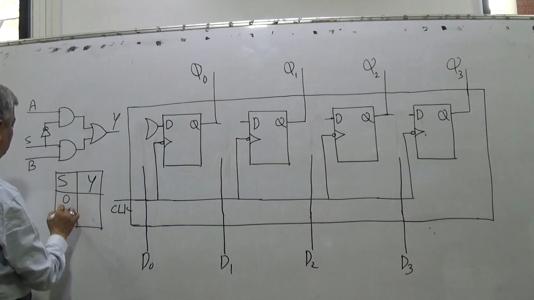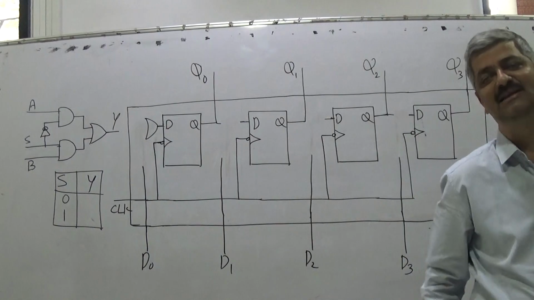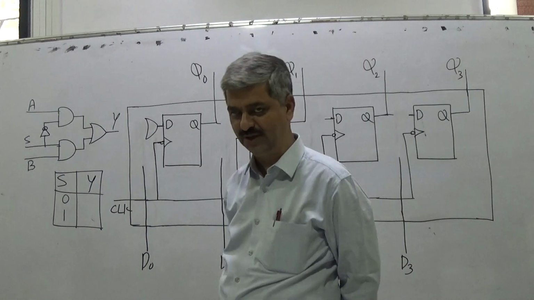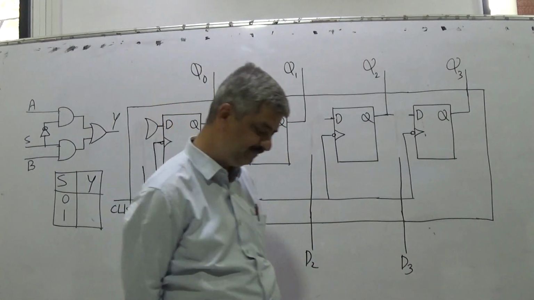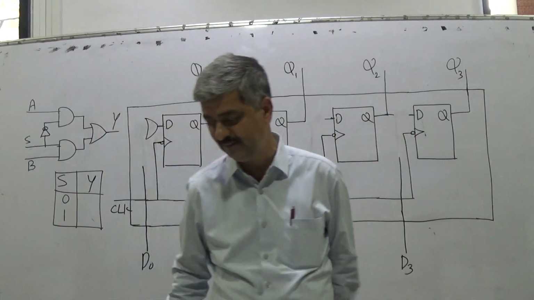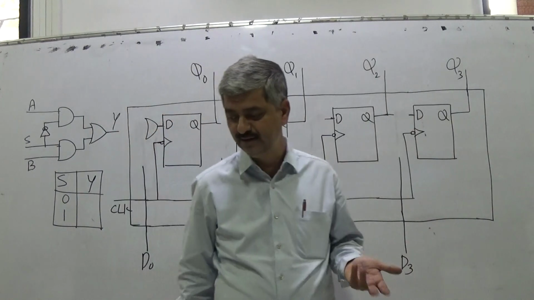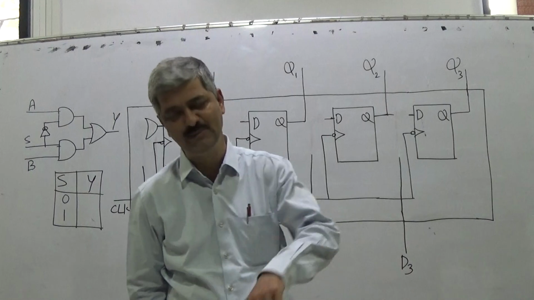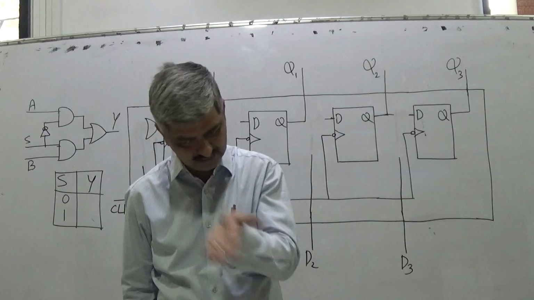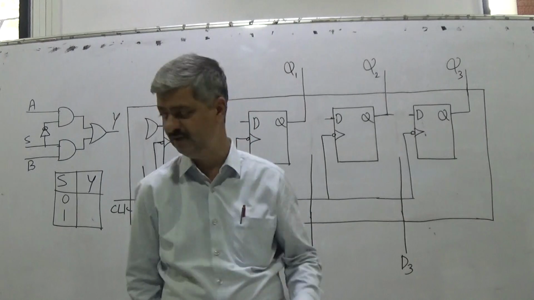When S is 0, when S is 1, what will happen? I will explain. In fact, this is called a multiplexer, which is required in this discussion. Those who want to try on their own can press pause, think, and come up with the answer. If they are able to find it, they can verify, and if not, they can watch. Either way, they should then resume the video.